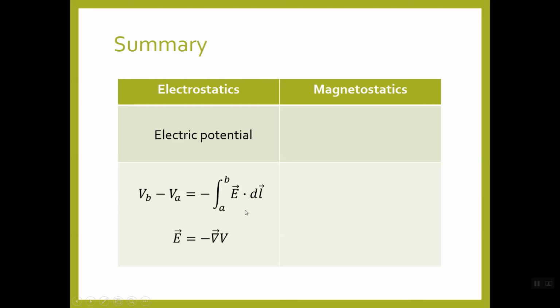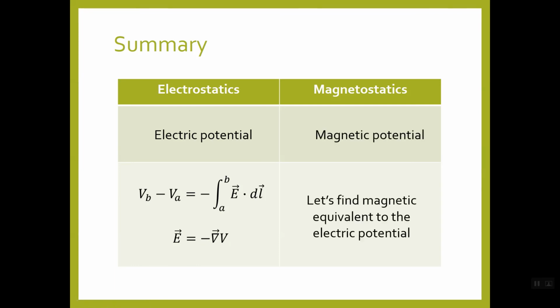The change in electric potential was minus the line integral of our electric field, or the electric field was equal to minus the gradient of the electric potential. So in magnetostatics, the equivalent to the electric potential is our magnetic potential, and we're going to find this magnetic potential.